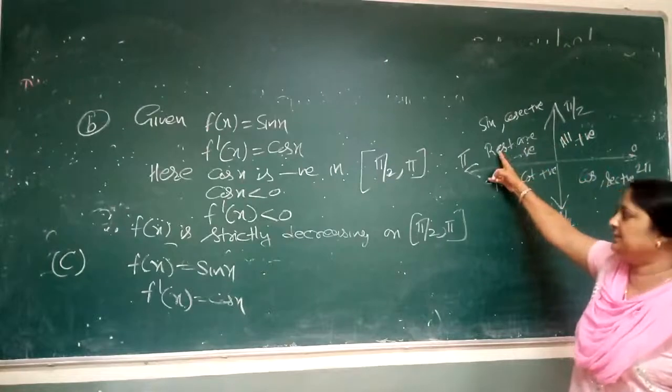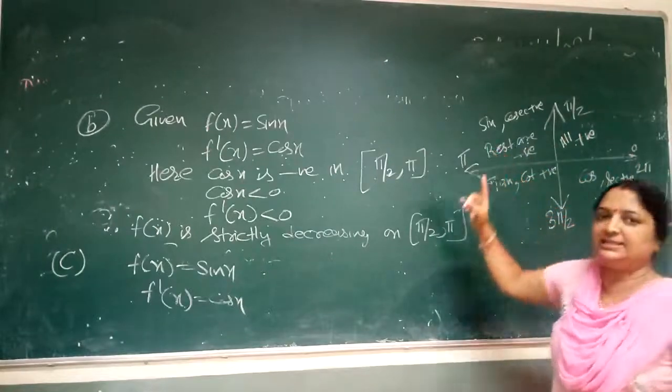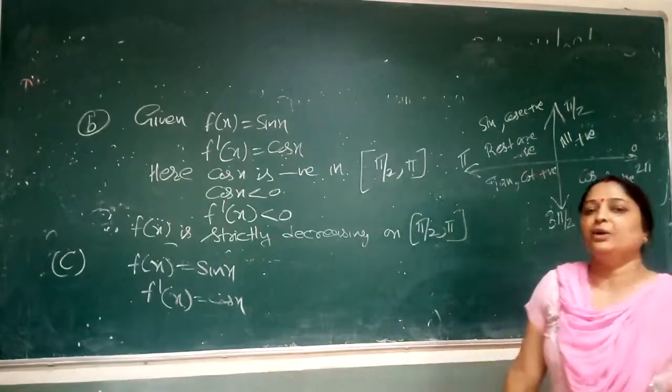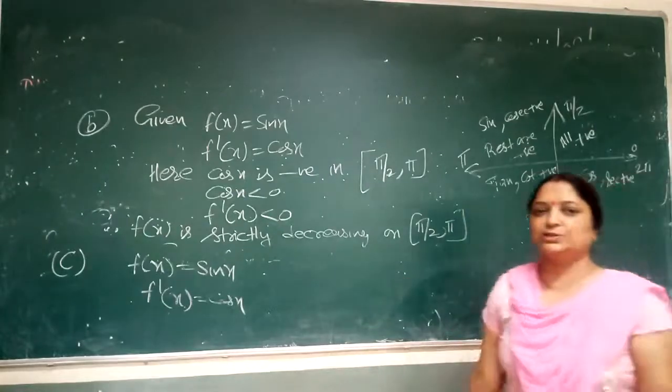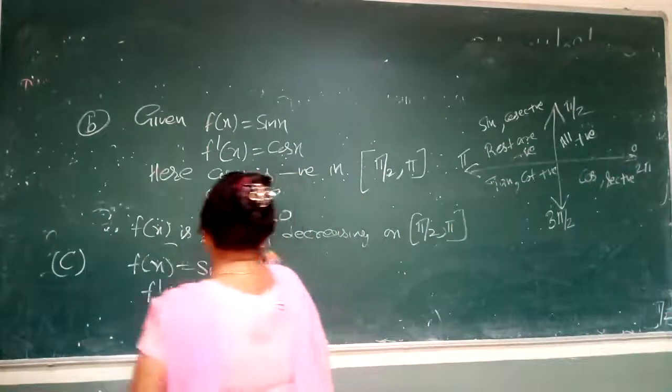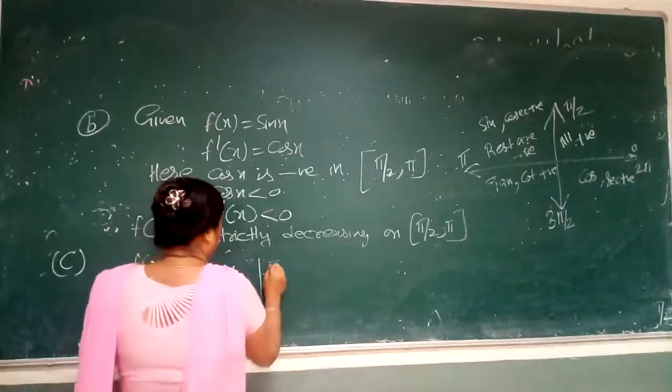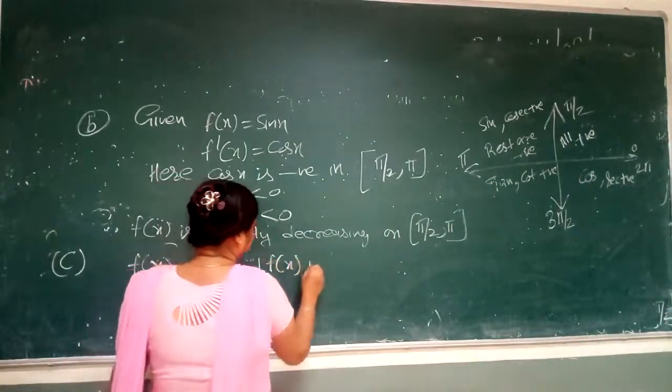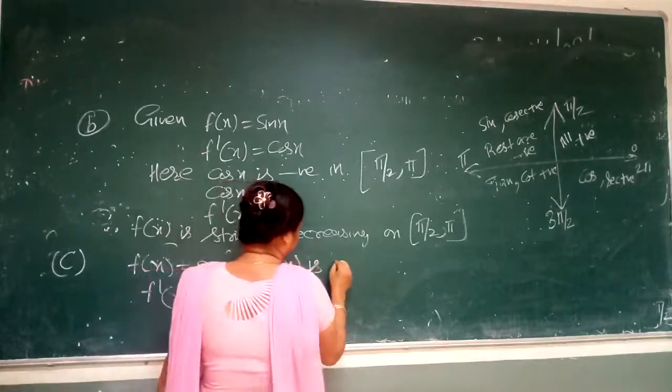So it means the function f of x is neither increasing nor decreasing in this case, the closed interval 0 to pi.